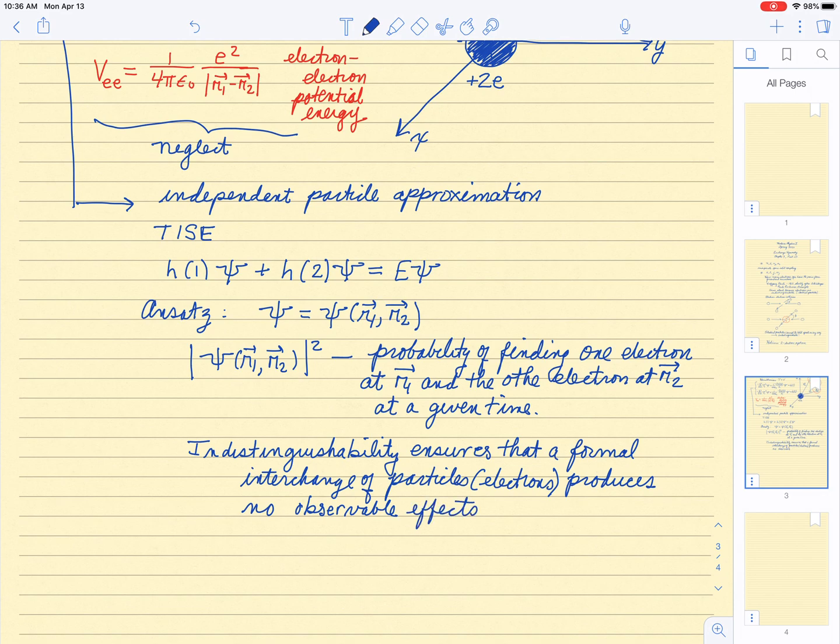What that means is we can merely take the particle at R1, interchange it with the particle at R2, and there should be no observable effects on the system.